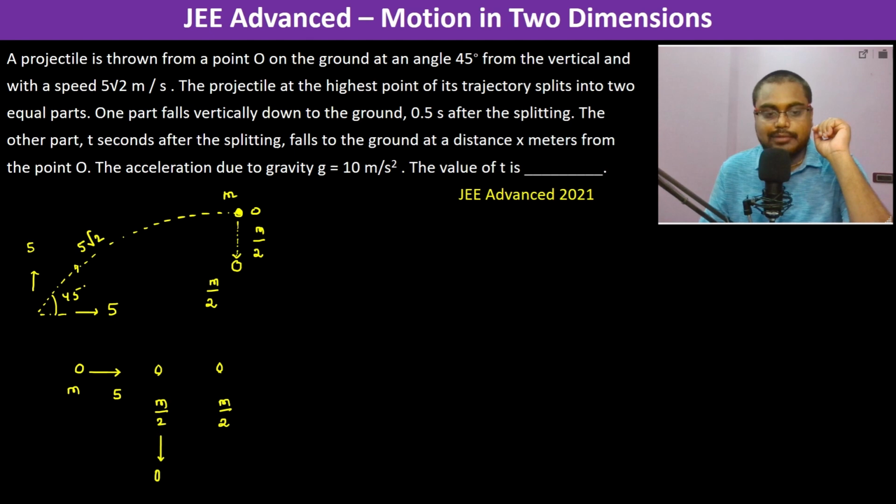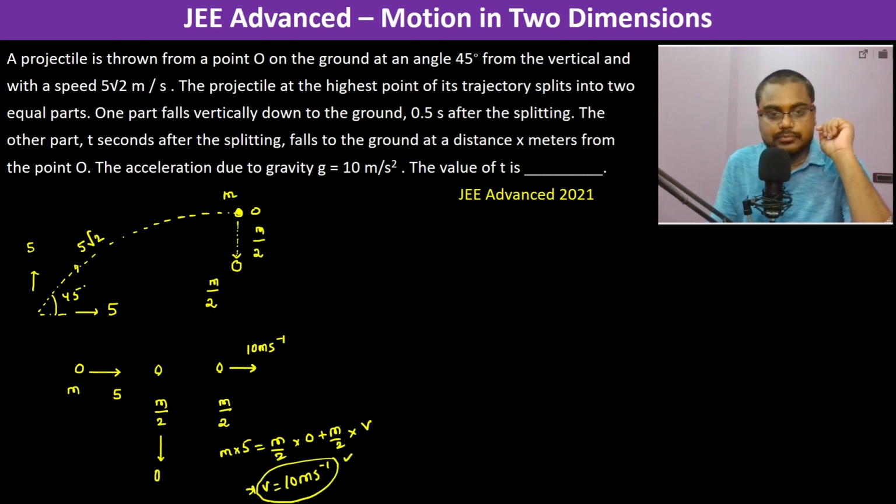So its velocity is 0. So this should go with a velocity of 10 meter per second based upon conservation of momentum, because m into 5 should be equal to m by 2 into 0 plus m by 2 into v. So therefore v becomes 10 meter per second. Okay, so now this is going with velocity of 10 meter per second.